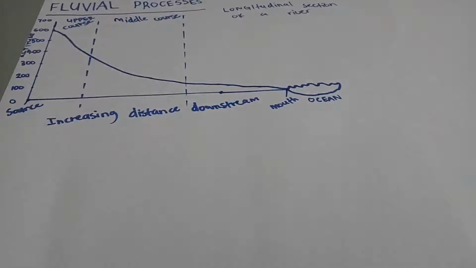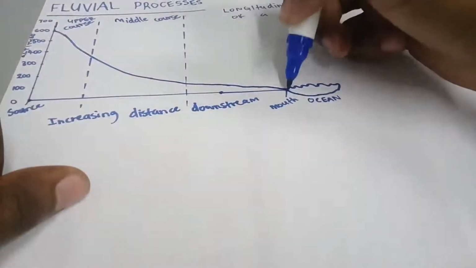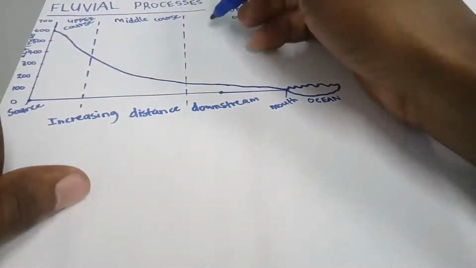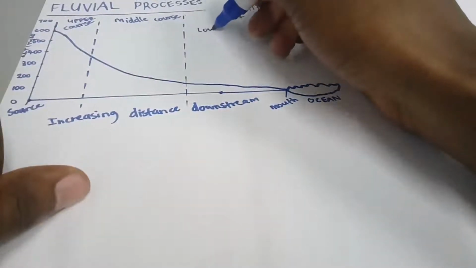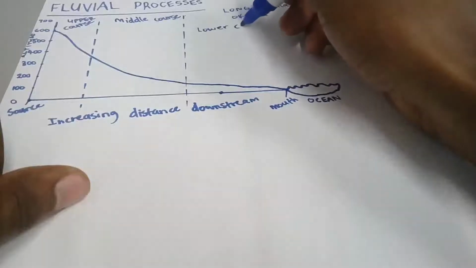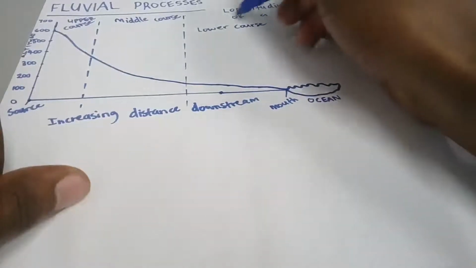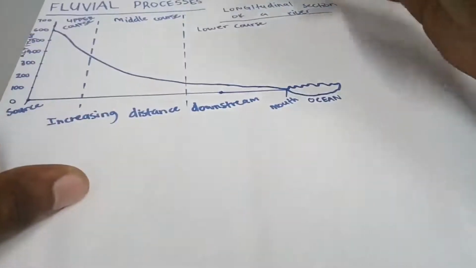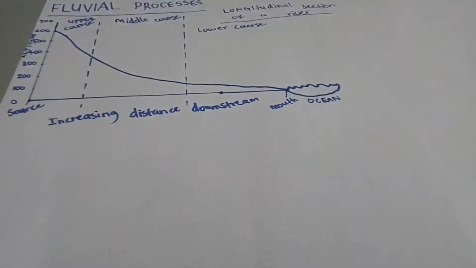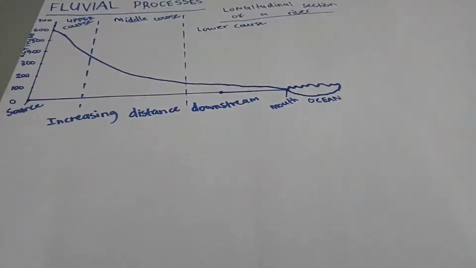So the mouth we see on the lower course. This is the lower course. This is a longitudinal section of a river.